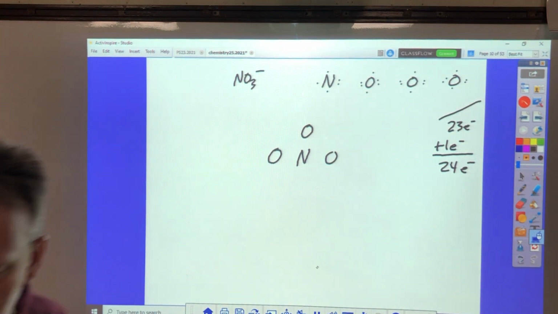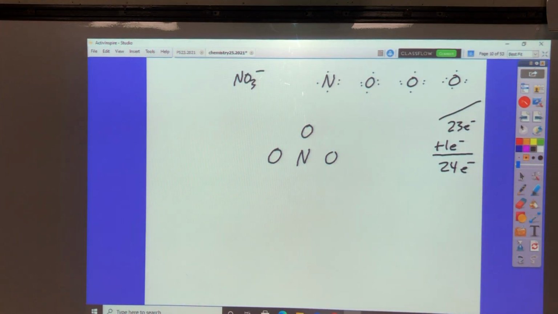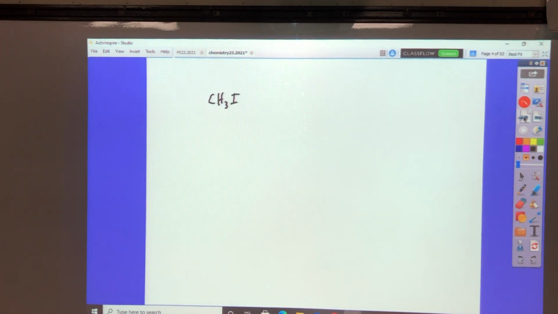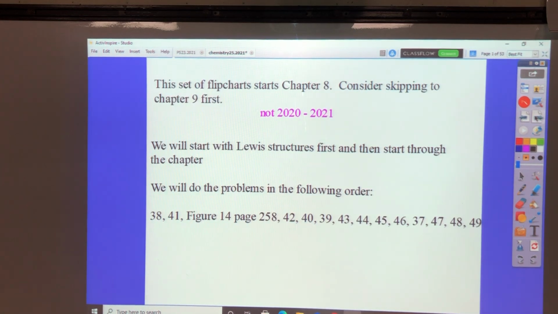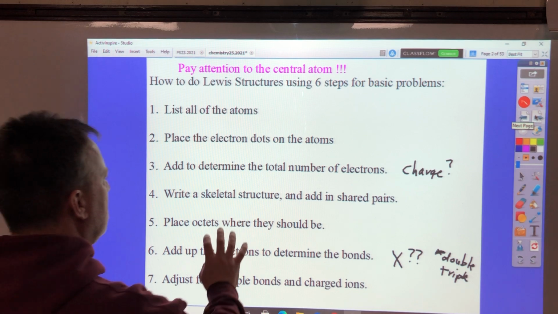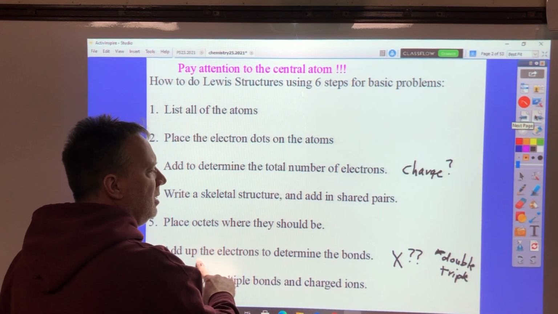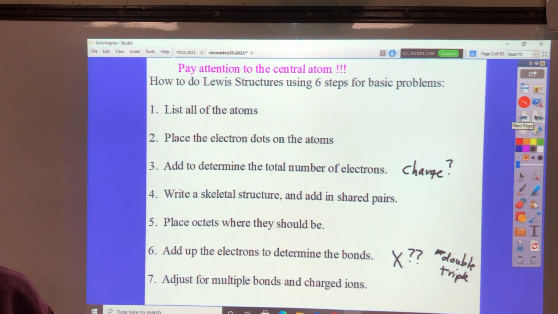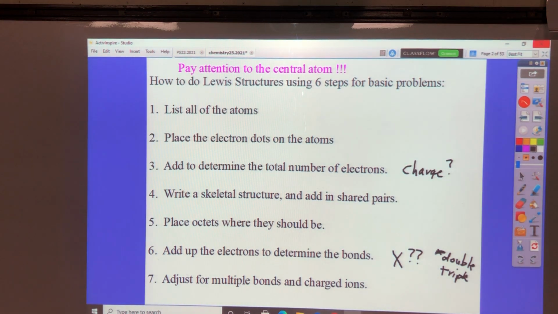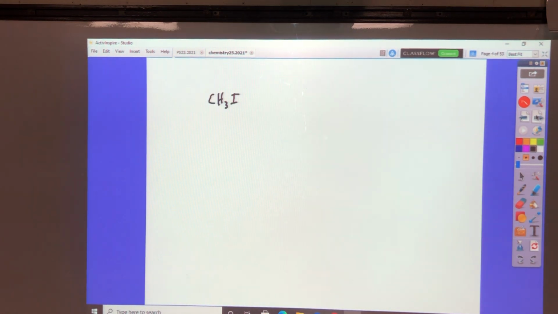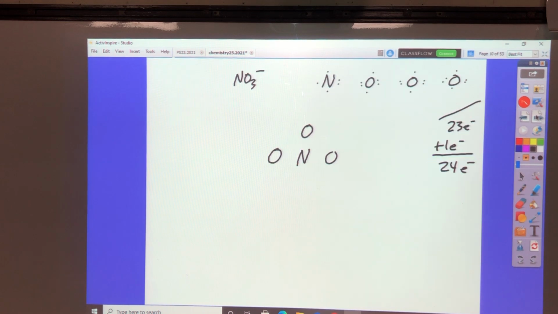Next, according to the list, you have to write a skeletal structure, which you just did, add in the shared pairs, then place octets, then count. Here's our shared pair.